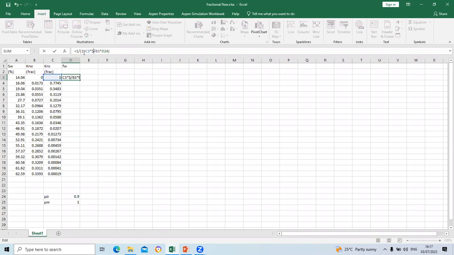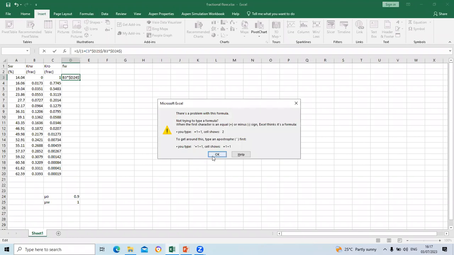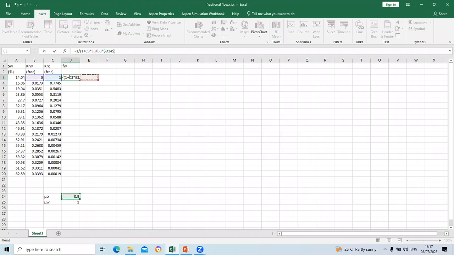I'll put a dollar sign before and after, to show that it is constant. Then here also I put a dollar sign to show that that particular thing is constant throughout the formula. All right. Let's hope it works, because it's Excel like that.